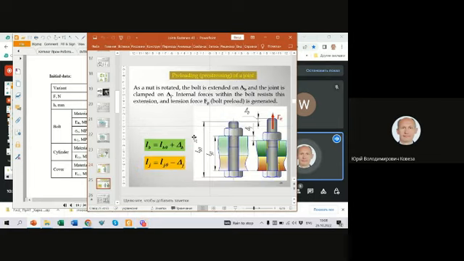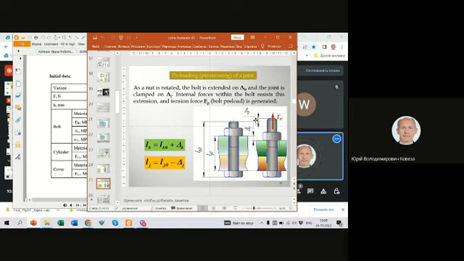And after prestressing, bolt elongates on value delta bolt, this value. And clamped elements length decreases on value delta joint.